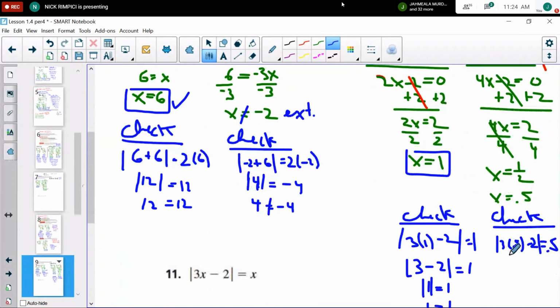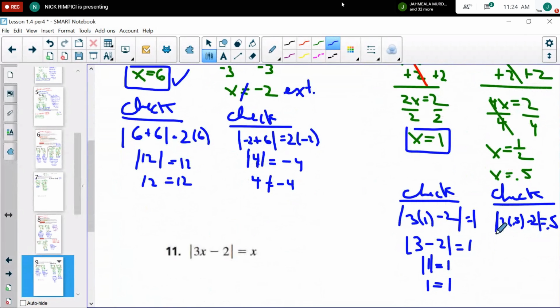So what is 3 times 0.5? 1.5. Yes. So this is the absolute value of 1.5 minus 2, equals 0.5. 1.5 minus 2? Yeah, so that will be negative 0.5. Negative 0.5, very good.